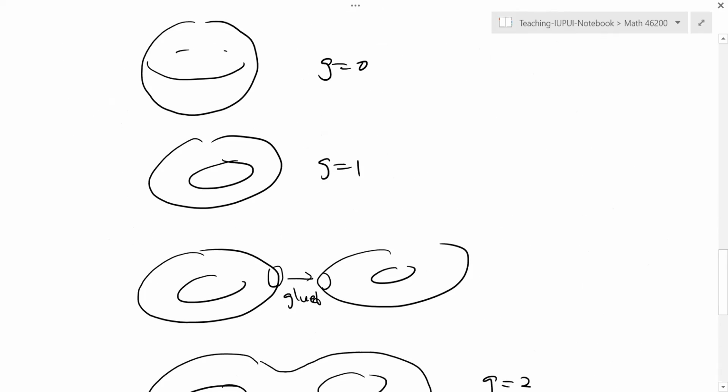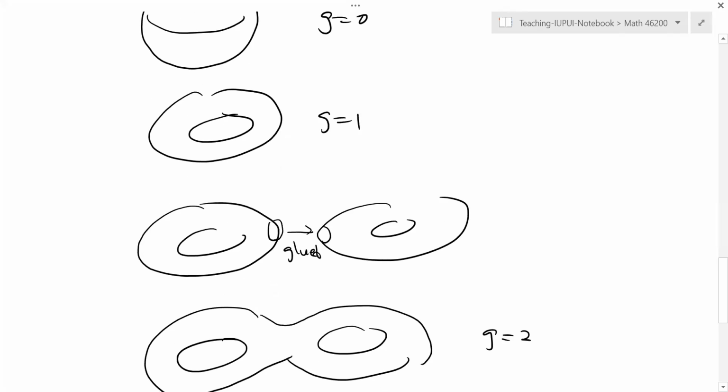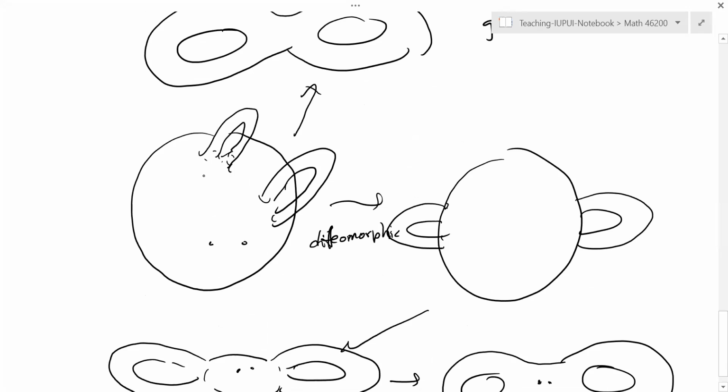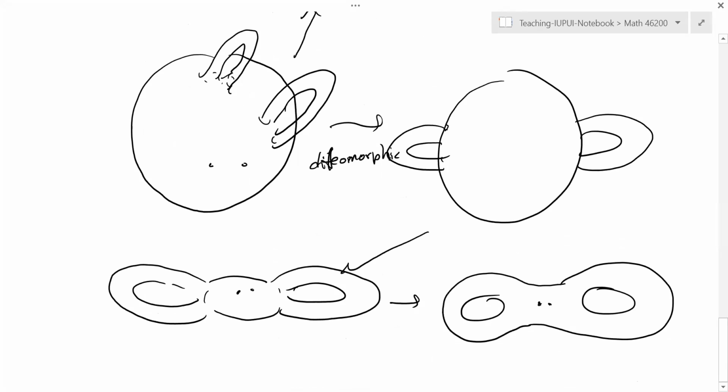In topology, we don't care about the shape of the surface. We only care about the structure of the surface. So this ball with 2 handles is topologically the same as these 2 donuts connected together.